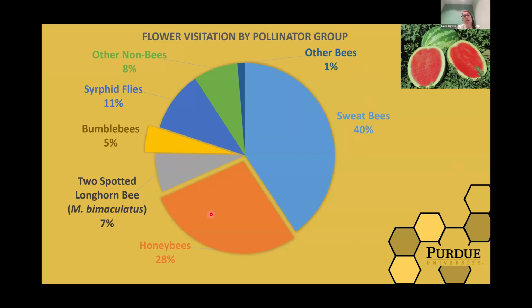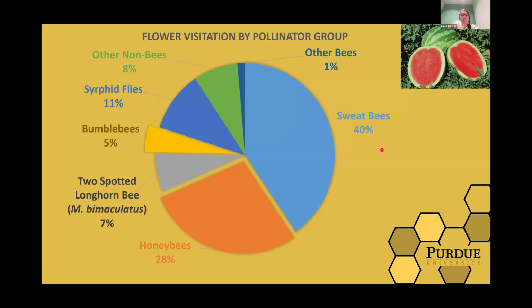Again, in this crop they do bring in honeybees for pollination, and 28% of the observations were honeybees. Then we have the two-spotted longhorn bee, bumblebees, which are supplemented in some of these fields with commercial bumblebee hives. Syrphid flies represent 11%, so that's actually a fly, not a bee. Other non-bees and 1% other bees.